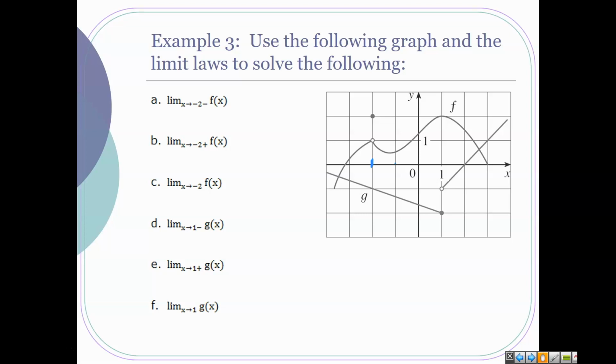And it says -2 from the left for function f. So f is the upper curve. Coming at the graph from the left means I'm starting here and tracing in. So the limit as x approaches -2 from the left is 1.